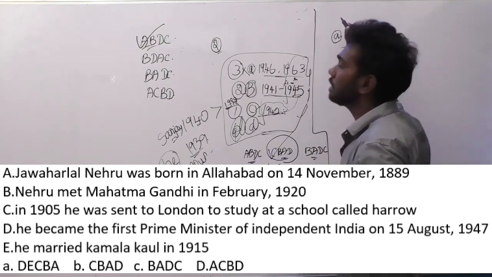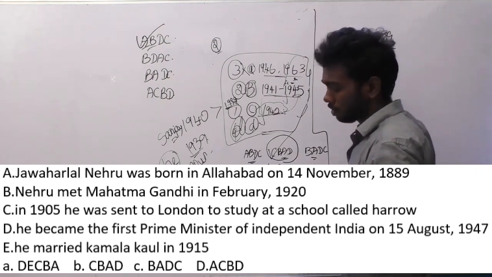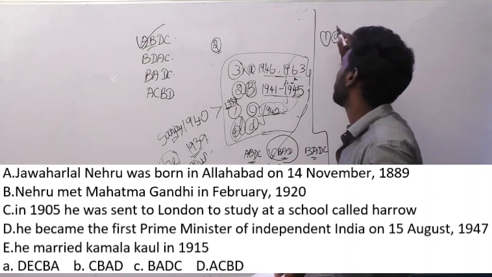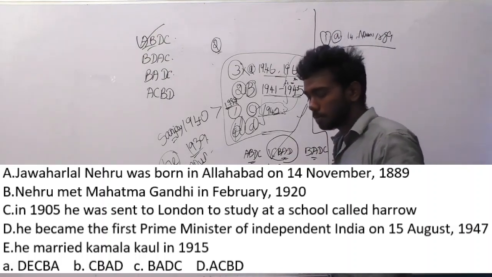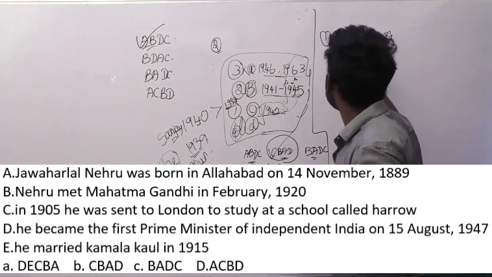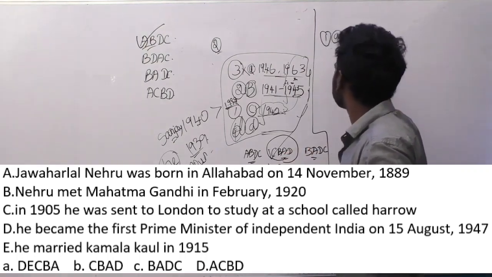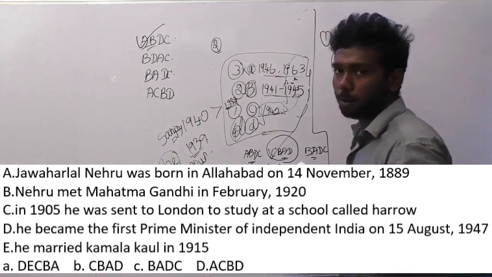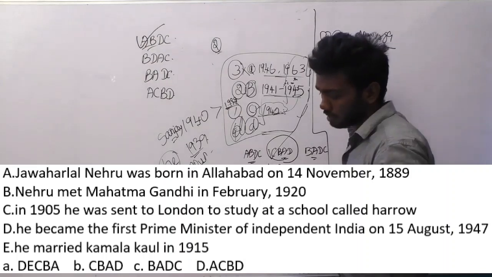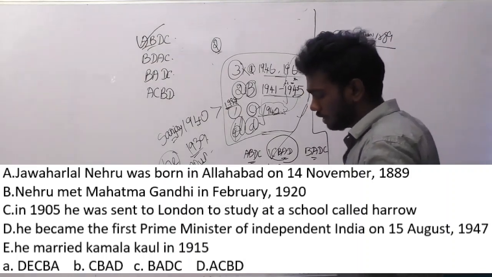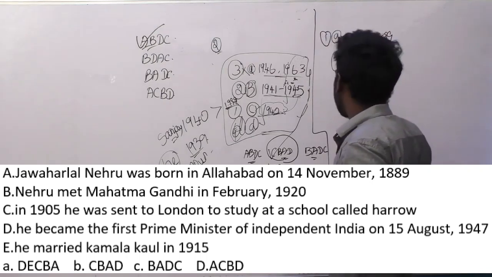Initially they have mentioned the name as Jawaharlal Nehru. So there are many possibilities for this to be the first sentence, because it is a noun initially, so there is no problem with that. Nehru met Gandhi in February 1920. So option B is 1920. There is another popular name coming here, Mahatma Gandhi. Option C is, in 1905 he was sent to London to study at a school called Harrow.